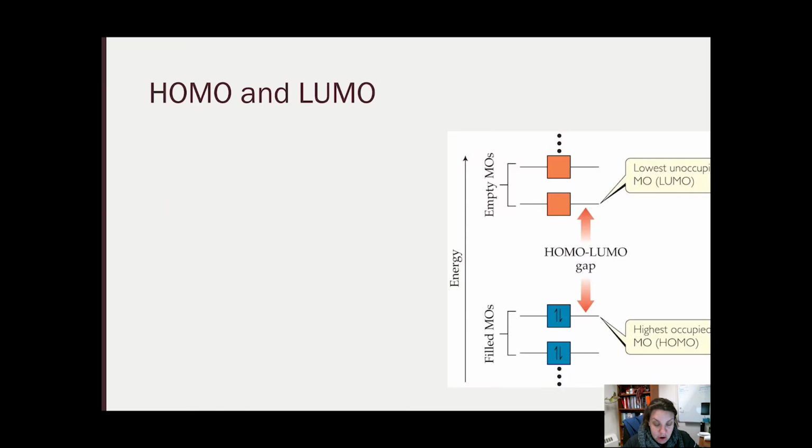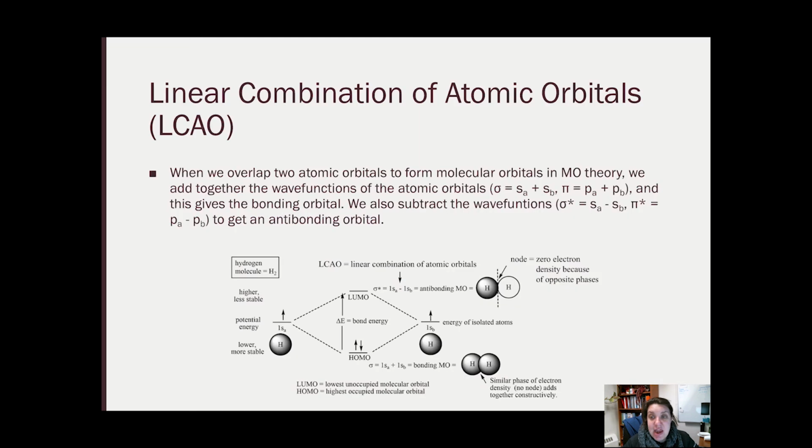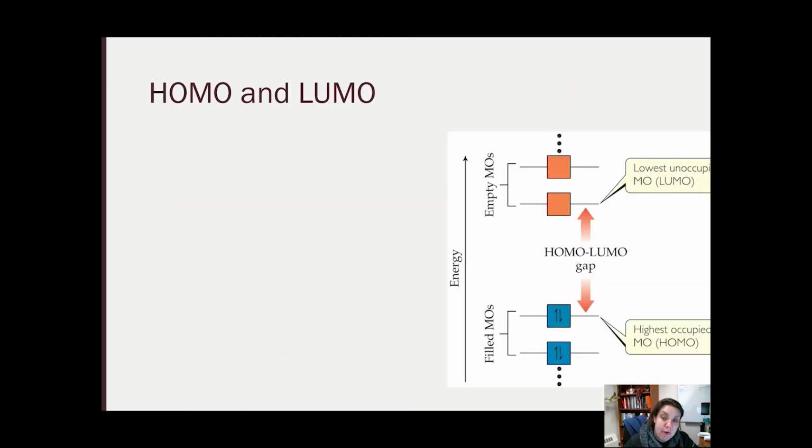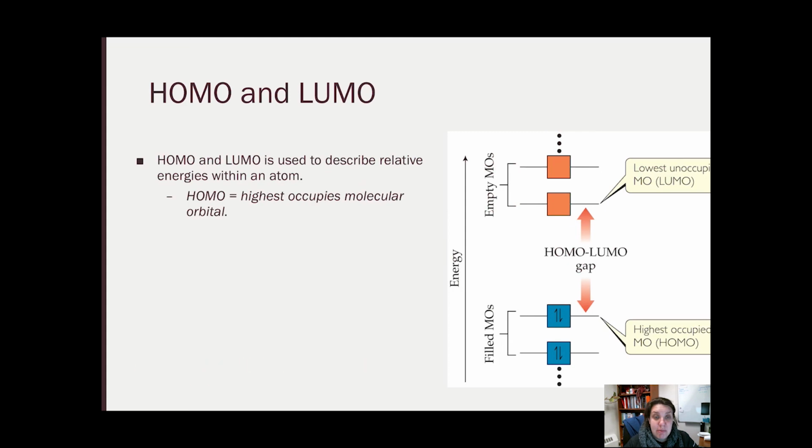With our molecular orbitals, we can have a gap between filled molecular orbitals and unfilled molecular orbitals. We call these our HOMO and LUMO, highest occupied molecular orbital and lowest unoccupied molecular orbital. This is where we're starting to get into the excited state, using molecular orbital theory to describe the excited state. We know electrons can only go in orbitals.